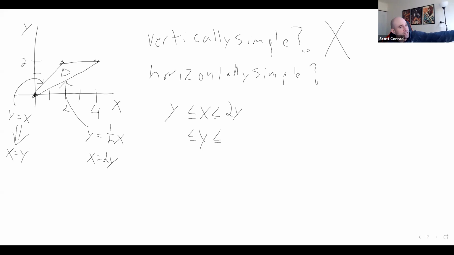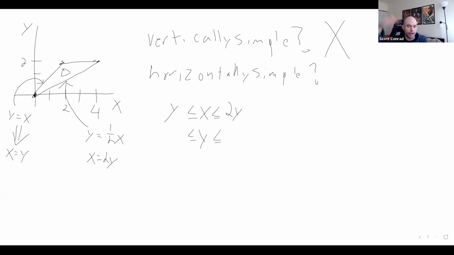Right? The left curve is x equals y. The right curve is x equals 2y. Does everyone see that? So we saw it's horizontally simple. The horizontal variable x is going to be bounded by functions of the other variable y. And so we just figure out what those curves are, get x by itself, and then that's how we do that.